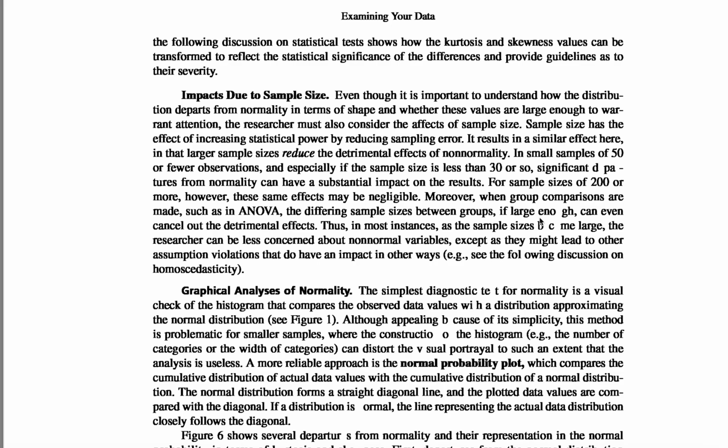Thus, in most instances, as the sample size becomes much larger, the researcher can be less concerned about non-normal variables, except as they might lead to other assumption violations that do have an impact. For example, see the following discussion of homoscedasticity.